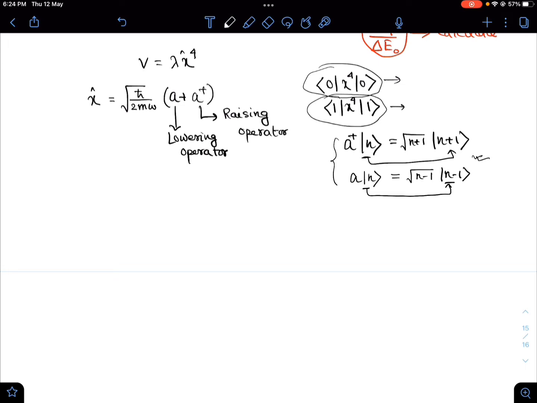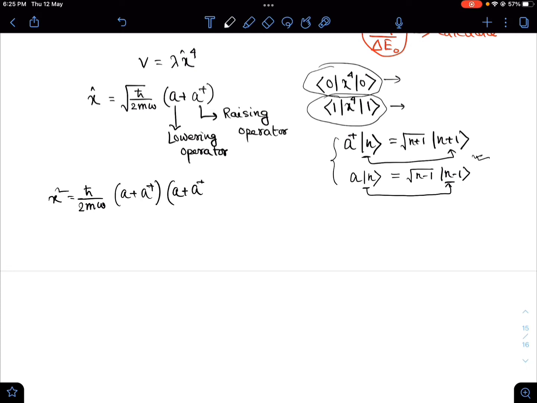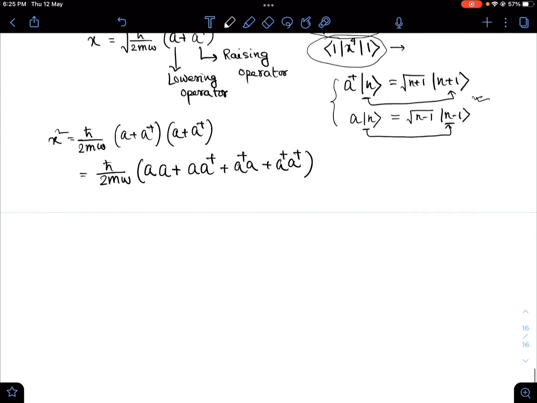So first let us calculate x square. X square will be the square of this x. So it will be the product of (a plus a dagger) with (a plus a dagger). So this will give us a square, a dagger a, a a dagger, and a dagger square.